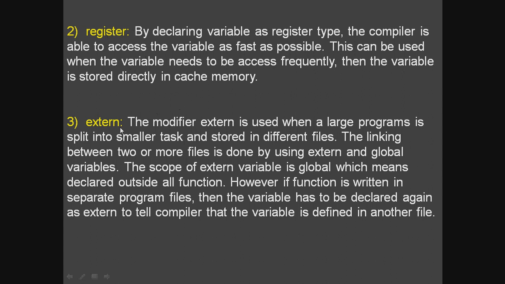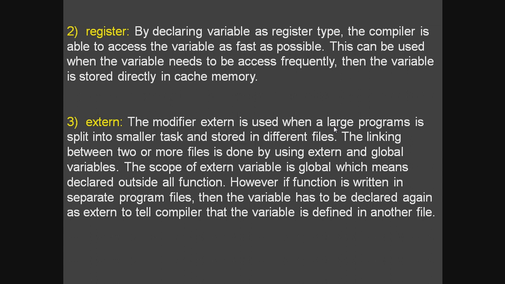Now extern. The modifier extern is used when a large program is split into smaller tasks and stored in different files. That means a large complex program, let's say you have 30-40 pages of a program, right? What you do is that you split the program into smaller programs, which means that you create different files of the program.